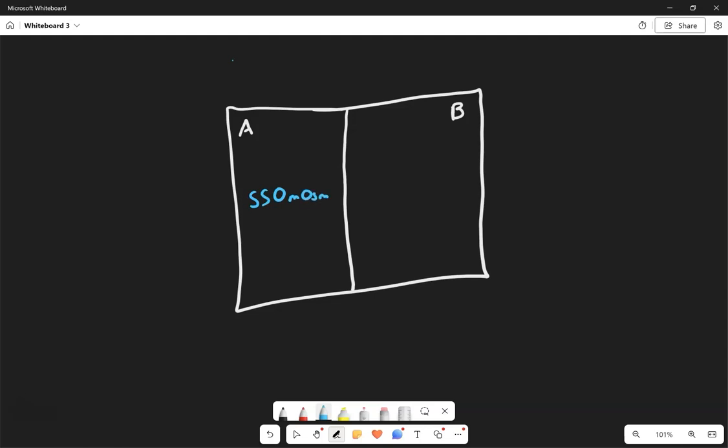And box B has an osmolarity of 623 milliosmoles. I'm just making some numbers up. What direction will water move? It will go with the stuff, go to the stuff. This is more stuff. So water will move from A to B.